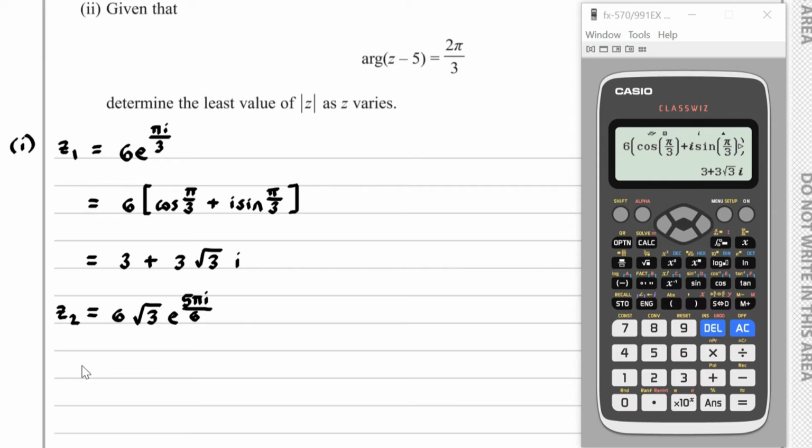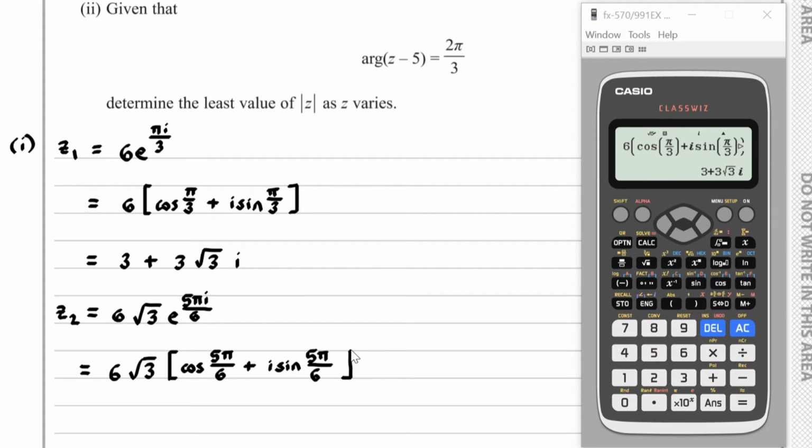And so we can rewrite this result as 6 root 3 multiplied by the cosine of 5 pi over 6 plus i times the sine of 5 pi over 6.